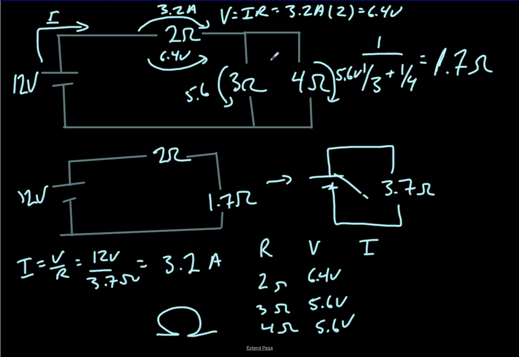Because these are in parallel with each other, the voltage drop here is 6.4. That means of the total 12 joules per coulomb, 6.4 joules per coulomb have been lost. Whatever continues on here, some current goes this way, some goes this way, but at this point neither of these has lost any potential.